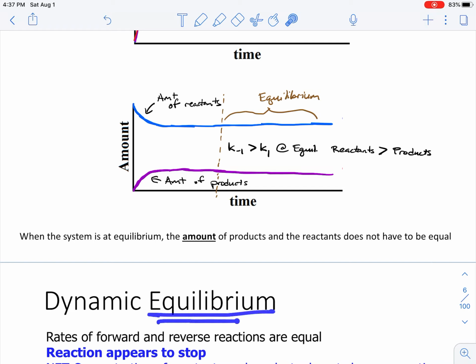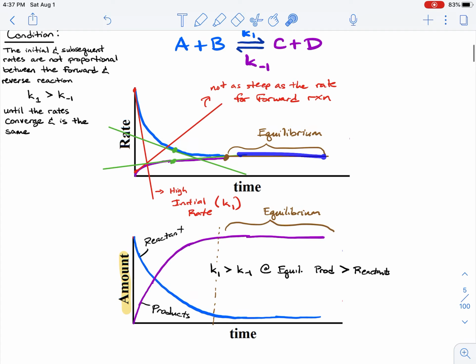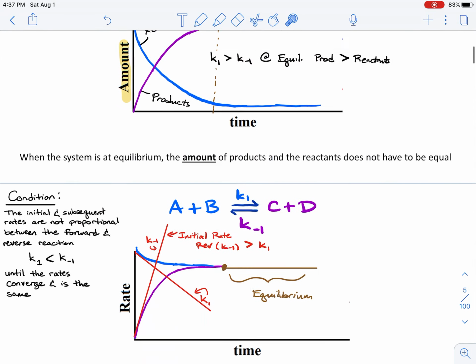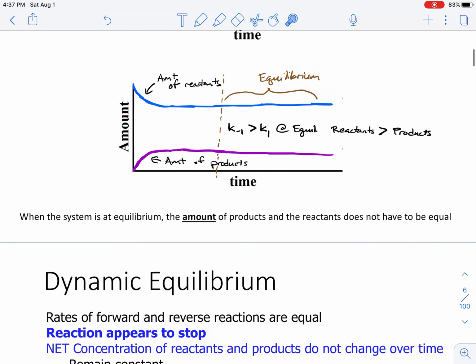For a chemical system to reach equilibrium, once again, the rate of the forward and the rate of the reverse must be equal to each other, which is once again observed by this line and this line. Now, this is the time where the reaction appears to have stopped.